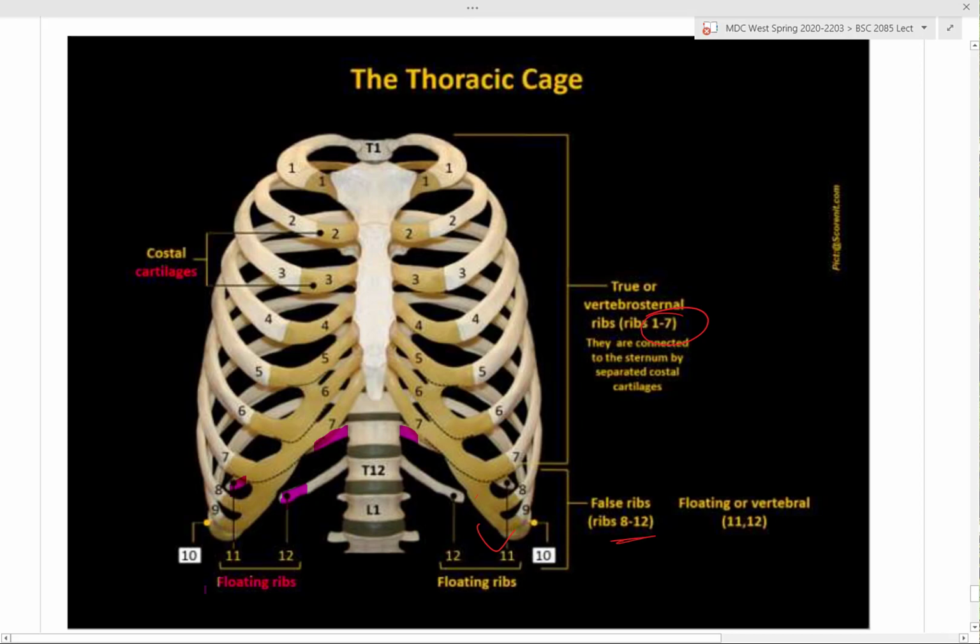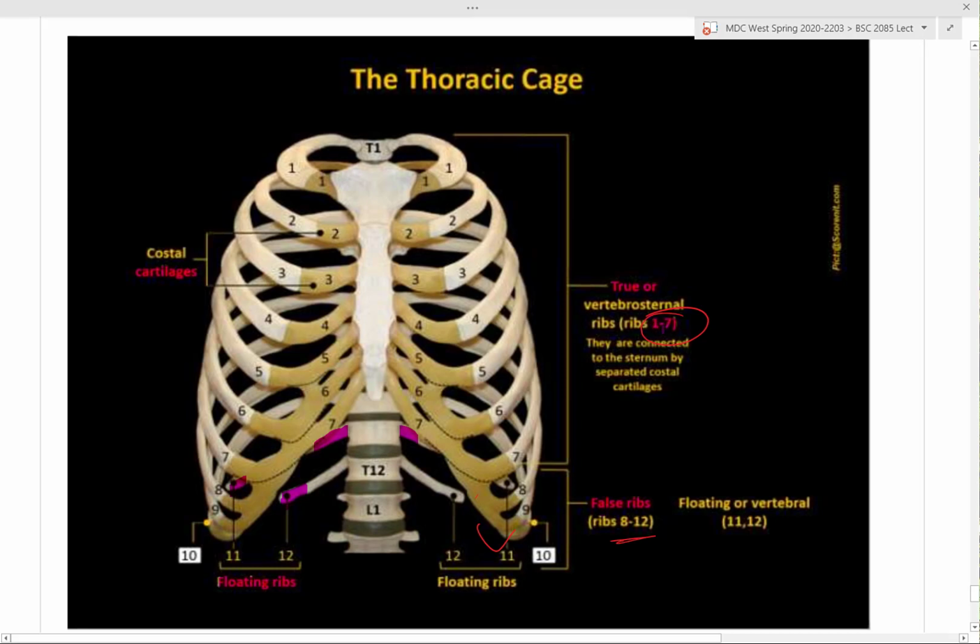So that brings us to the next thing. The ribs attached that make up the thoracic cage are divided into 2 main types. One is true ribs versus what? False ribs. So 2 main divisions, true versus false. The true ones are 1 through 7, as stated here.